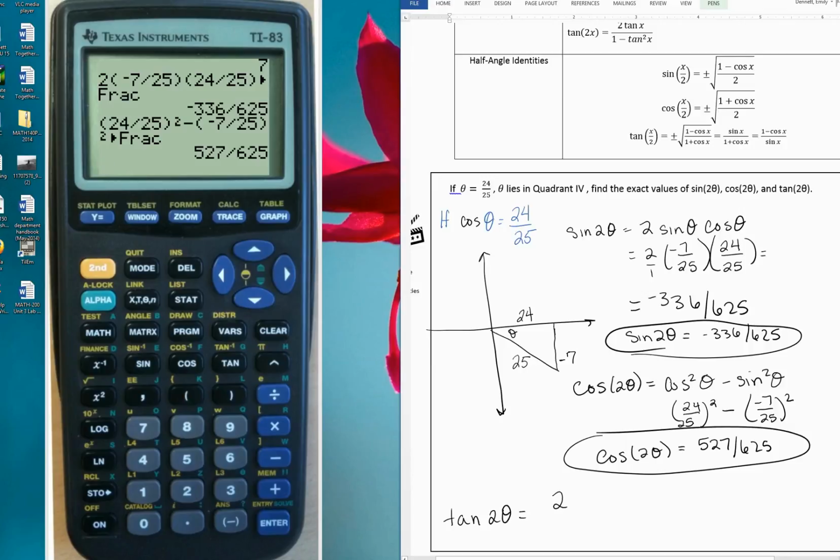And finally, we want to find tangent of 2 theta. That's 2 tangent of theta over 1 minus tangent squared of theta. So this is going to be 2 times tangent of theta, which is opposite over adjacent, so negative 7 over 24, over 1 minus negative 7 over 24 squared.